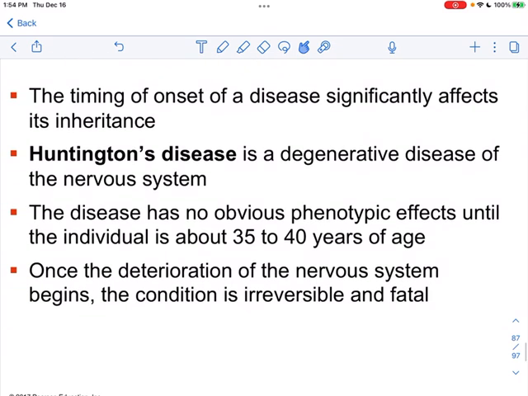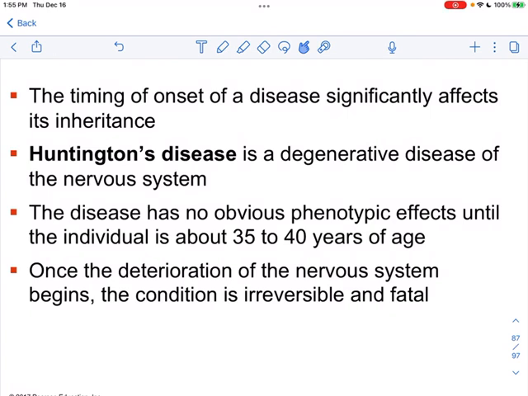But there is one particular lethal dominant disorder called Huntington's disease that is a degenerative nervous system disorder. What's interesting about this particular disorder is that it has no effects. It's not registered in individuals until they typically reach their late 30s to early 40s.